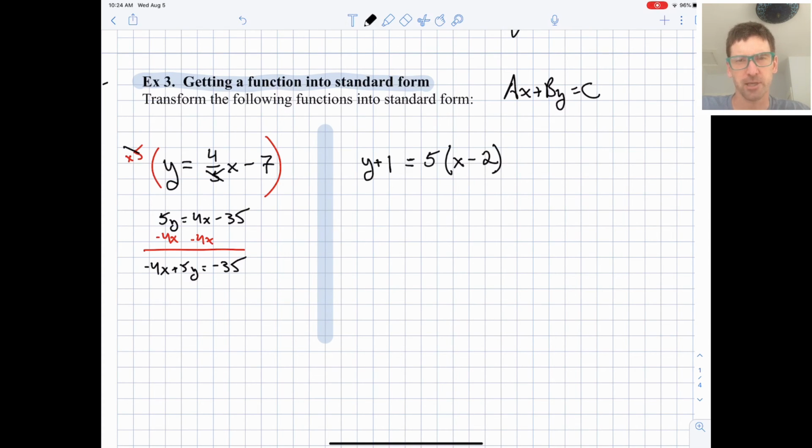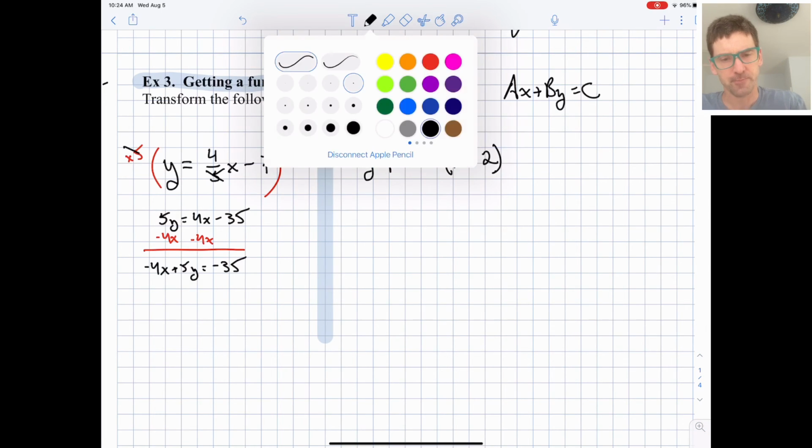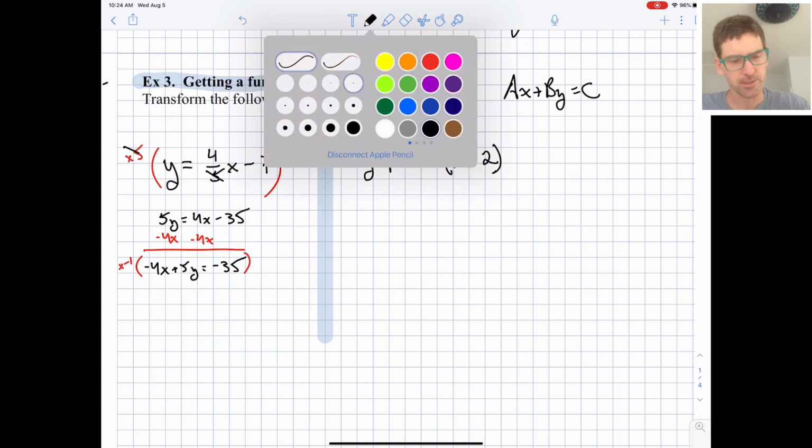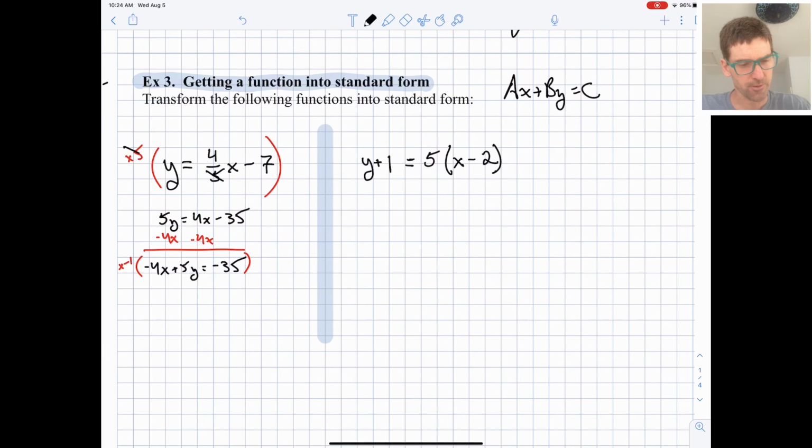It's really how picky you want to be. It doesn't really matter, but we can do that. Not too hard. We can multiply both sides by negative 1. Okay, so that negative 1 will distribute all the way through. Basically all the signs change. So that's a reasonable answer as well. Okay, so both of these would be correct answers.